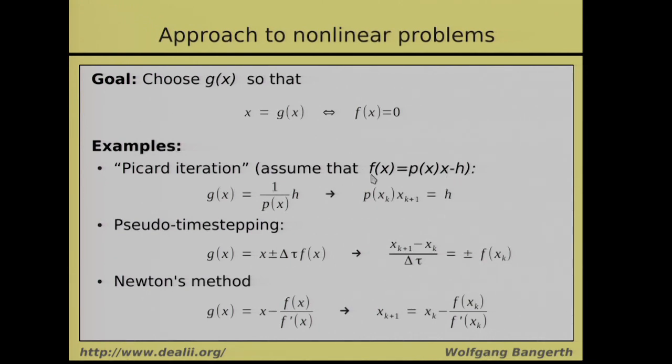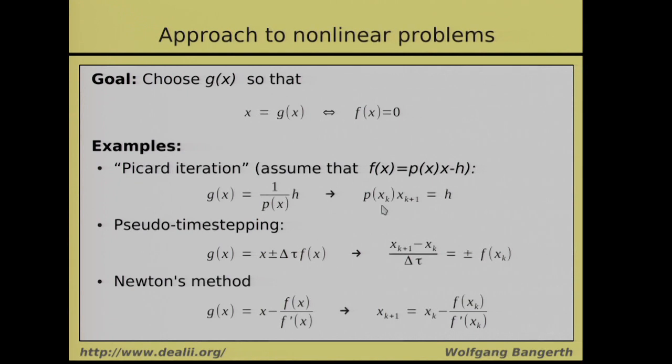So if I can write this f in this form, and I choose my g as 1 over p times h, then this equation, x equals g of x, would be x equals 1 over p times h, or put differently, p of xk times xk plus 1 equals h. So this is what we call Picard iteration.